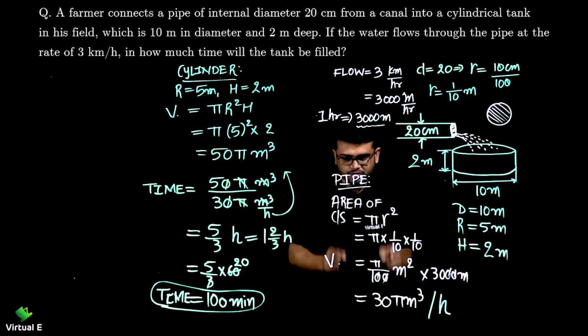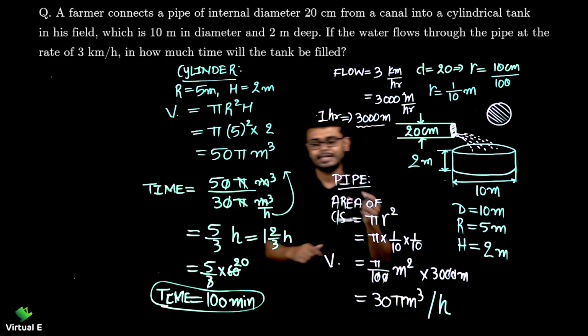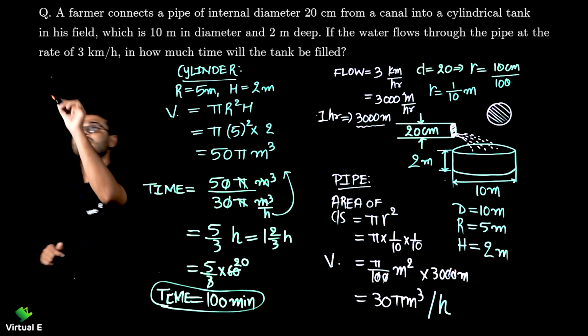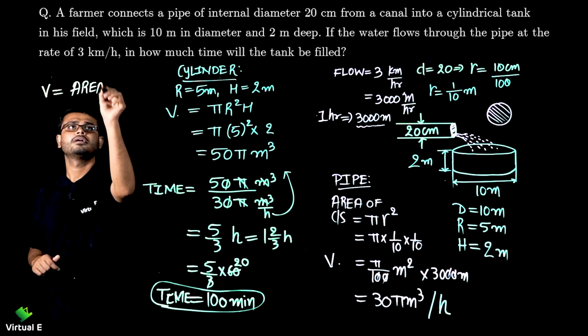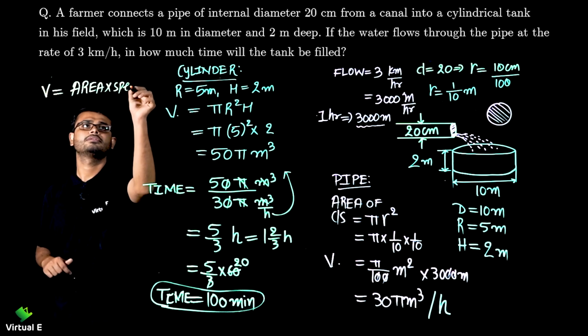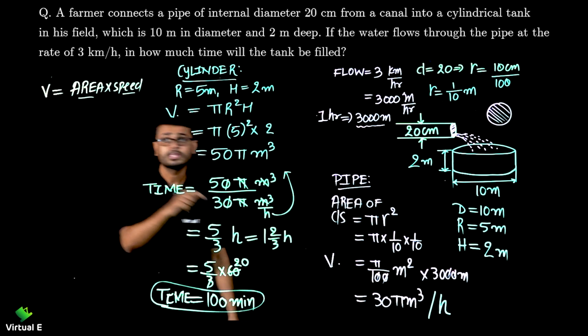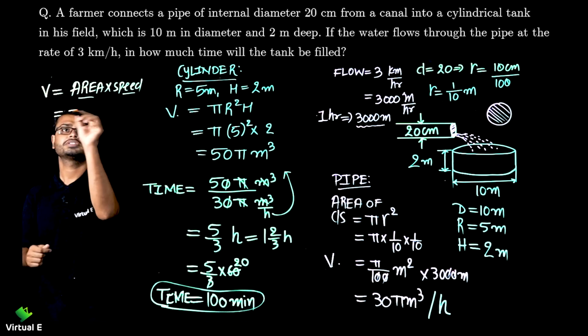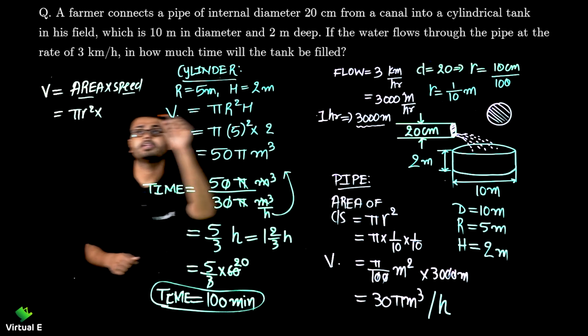Now there is one more way to get this particular volume. How do you do it in that case? If you want the volume, you just need to multiply area with the speed, right? If you want to get this 30 pi answer directly, area is pi r square and speed is what? 3000 meter per hour.